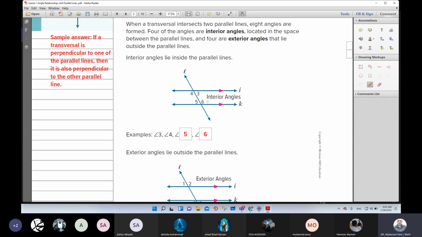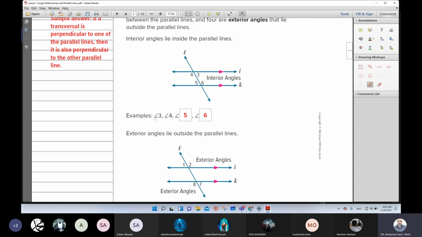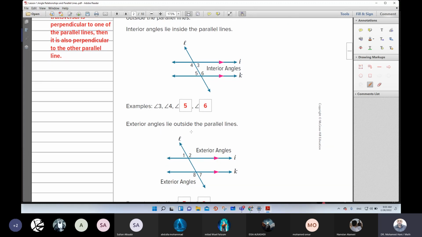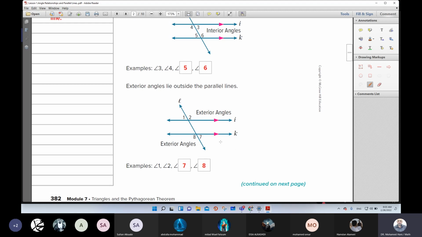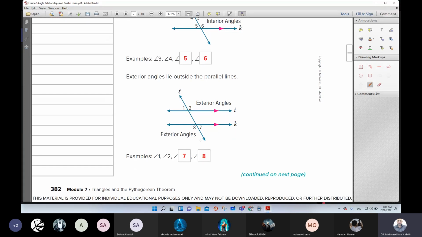Between the area of the two lines, like 3 and 4 and 5 and 6, are interior angles: angle 3, angle 4, angle 5, and angle 6. The exterior angles lie outside the parallel lines, like angle 1, angle 2, angle 7, and angle 8.